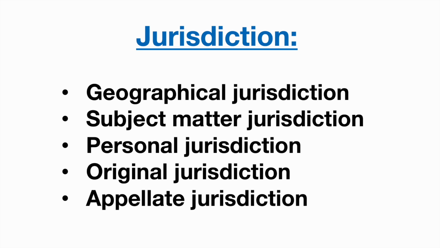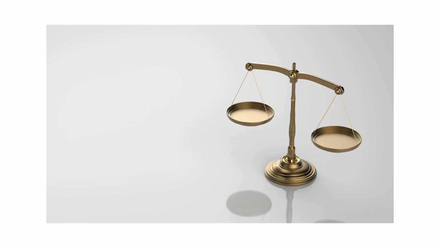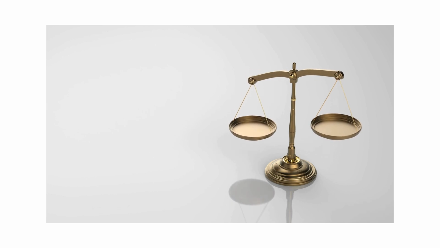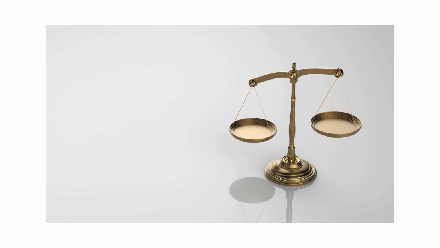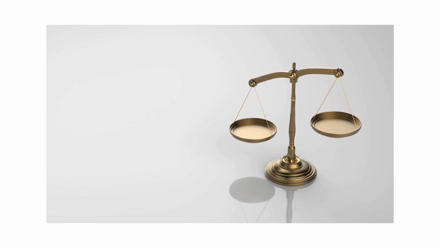Then there's personal jurisdiction. If a court wants to hear a lawsuit, they need to have personal jurisdiction over all of the parties. Those can be people, companies, government entities, or other entities. And then there's venue. Let's say that two people are getting divorced.